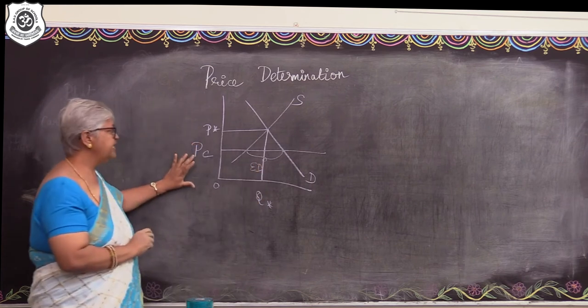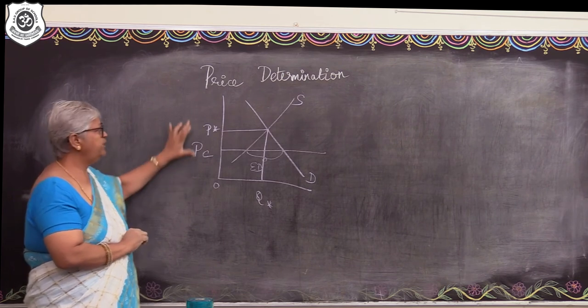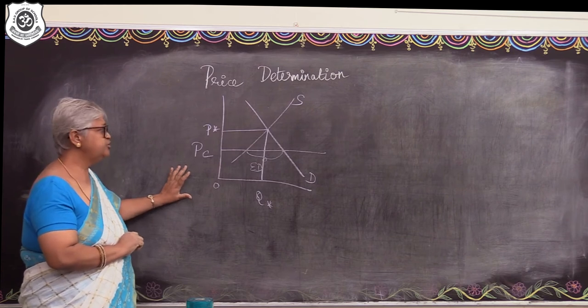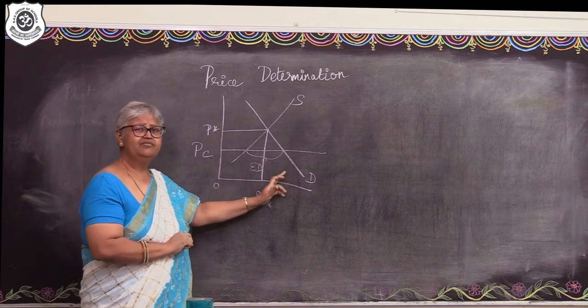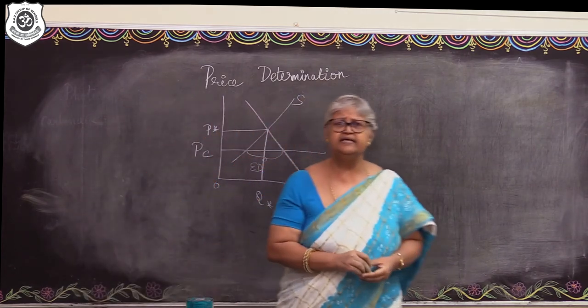Right? See, the market price as fixed up by the government is low. Compared to OP star, now this OPC is much lower. So naturally at this price, there is going to be an excess demand. Right? Many would love to buy at this new price which is low, isn't it? Yeah.